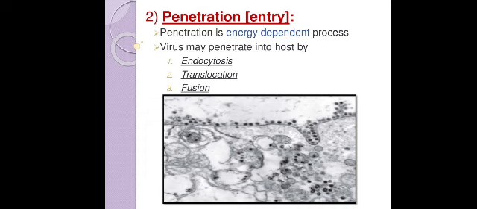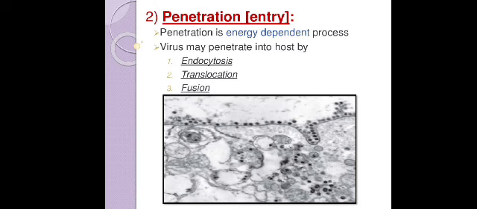Endocytosis means phagocytosis. What is phagocytosis or endocytosis? Here we can see the whole virus particle can penetrate into the host body. In membrane fusion, the enveloped virus like HIV fuses its envelope protein with the plasma membrane of the host cell, and then the nucleocapsid enters into the cytoplasm, whereas the virus envelope remains attached to the host cell membrane.